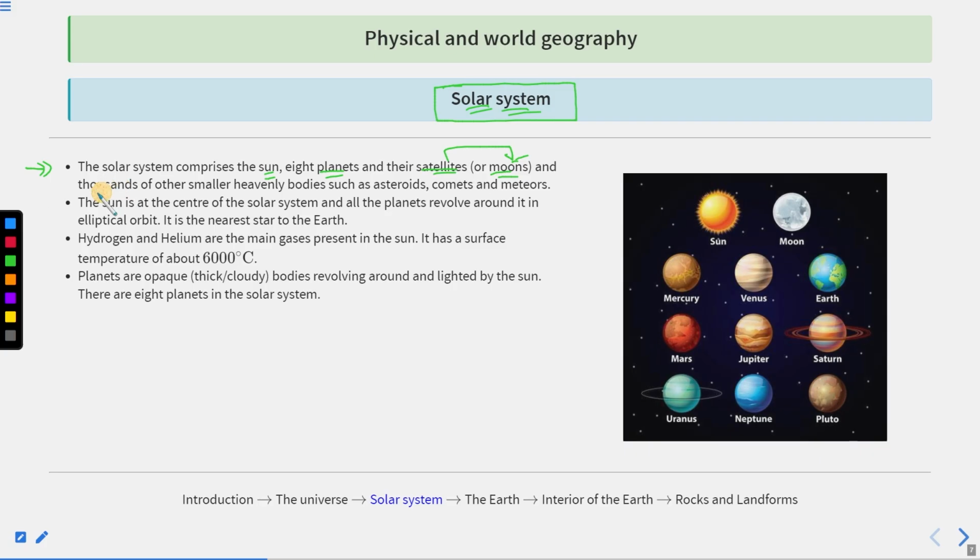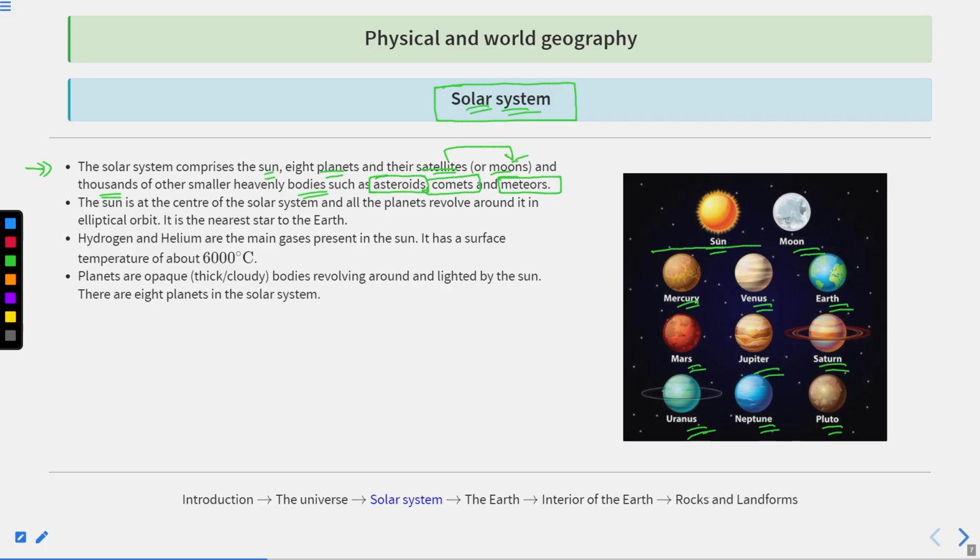And thousands of other smaller heavenly bodies like the asteroids, comets, and meteors. Got it? These are also the same. Like the planets you can see over here. This is the Sun, this is the Moon. Apart from this, we have Mercury, Venus, Earth, Mars, Jupiter, Saturn, Uranus, Neptune, and Pluto.